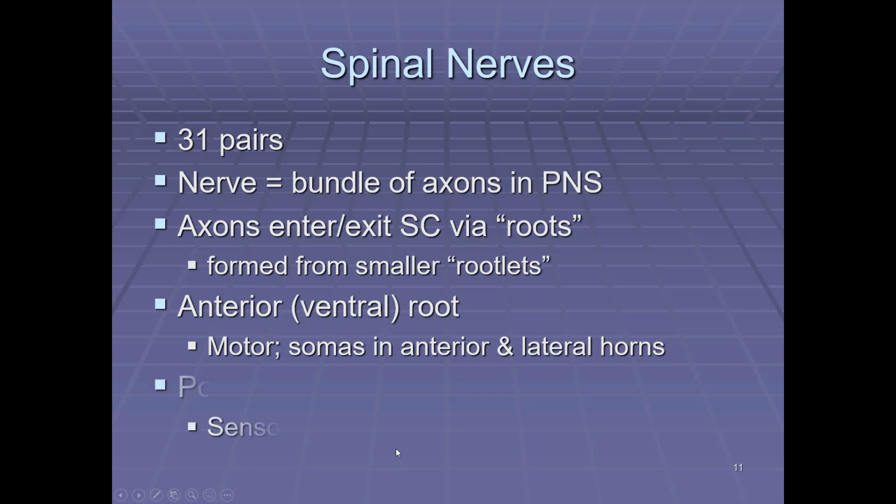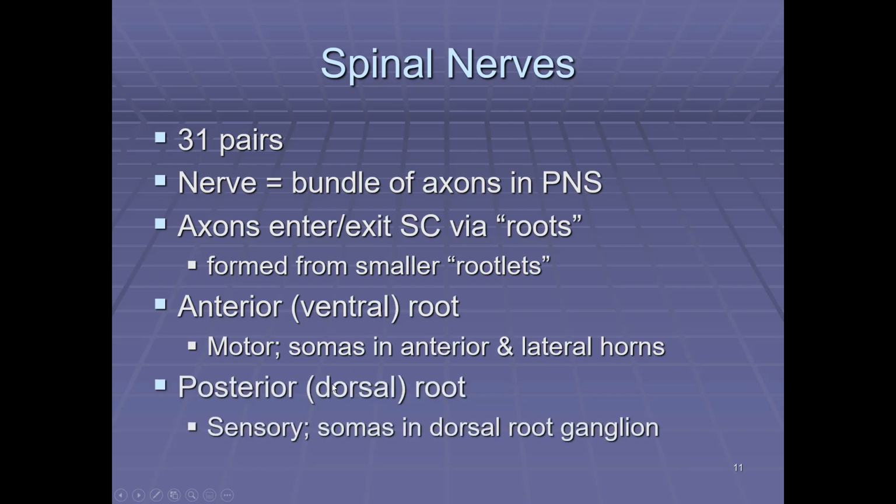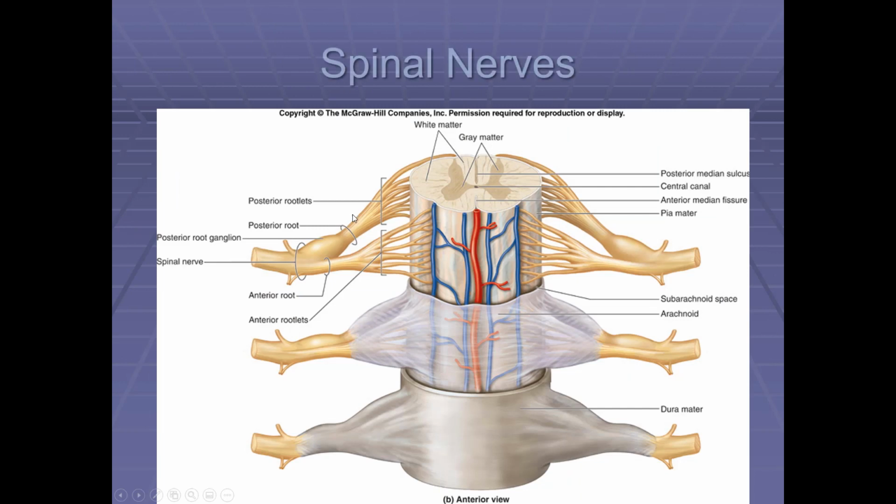And the anterior root versus posterior root, we talked about the differences: motor are found in the anterior, sensory are found in the posterior. Here's a picture showing the rootlets and the meninges as we saw earlier. And here's your posterior root ganglion, posterior root, anterior root, rootlets. There it is.